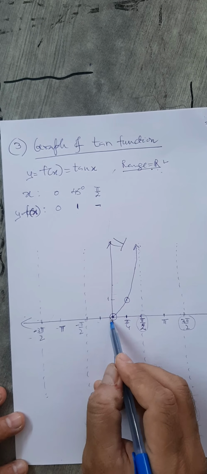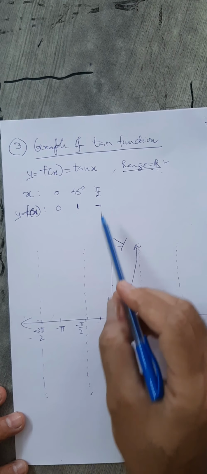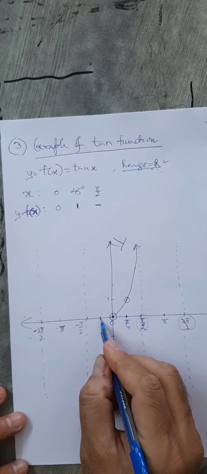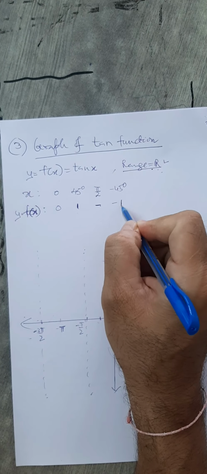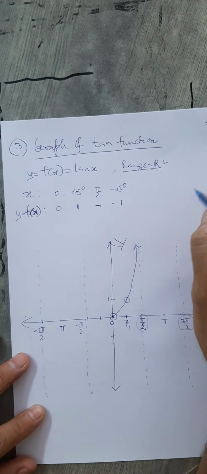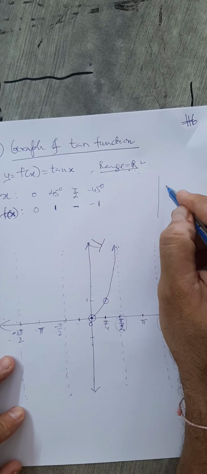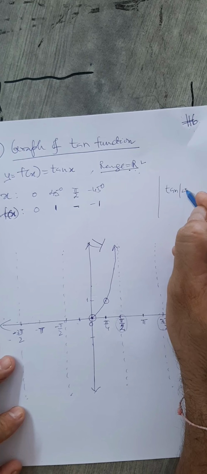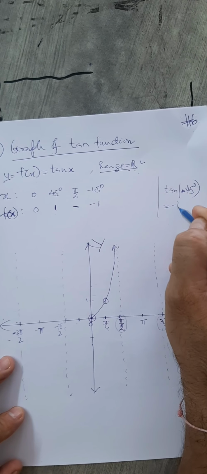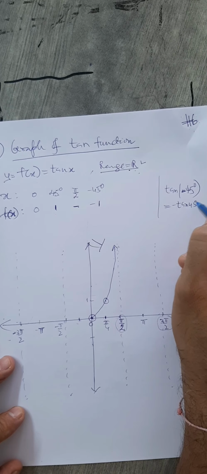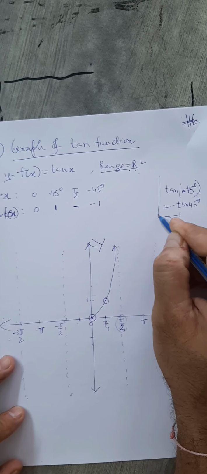Minus pi by 4 here, at minus pi by 4, you know tan is an odd function, so it becomes minus 1. If I take minus 45 degree, it will be minus 1. Now you know tan is an odd function. This one you know, tan minus 45 degree is the same as minus tan 45 degree, and tan 45 degree is 1, so this becomes minus 1.